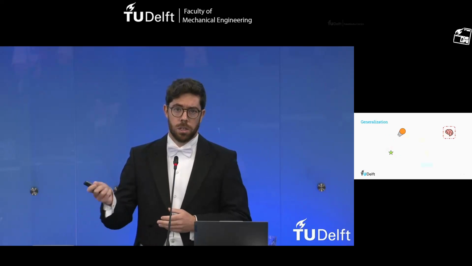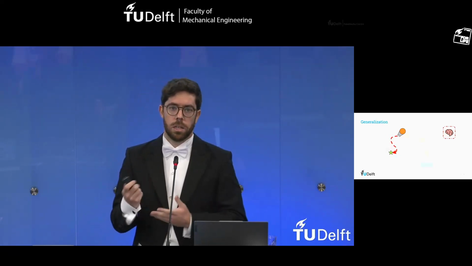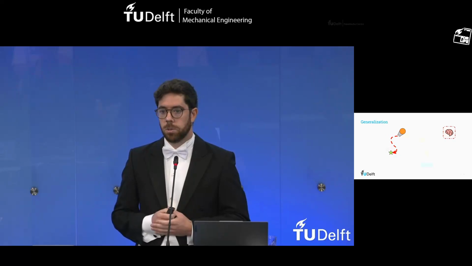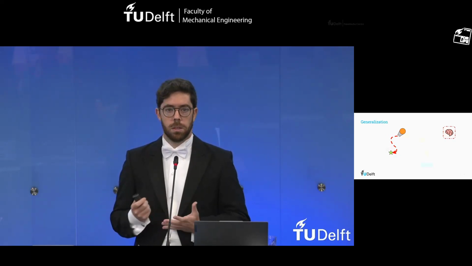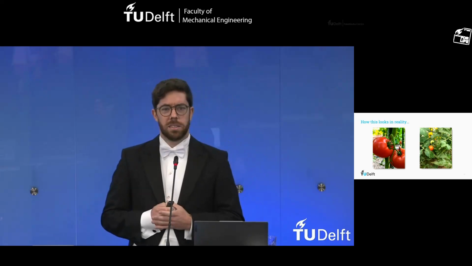So now, we execute the motion of the robot using its brain, and we would get a trajectory like this. So I think on paper, this looks pretty reasonable. But in reality, things are a bit more complex.